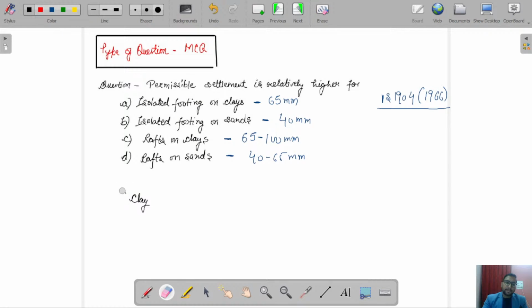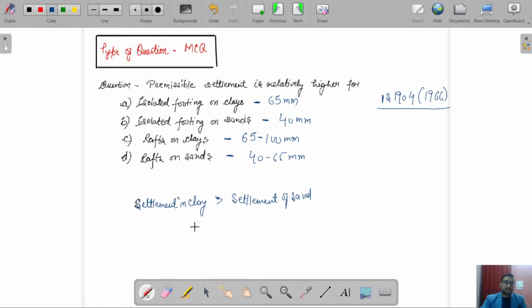Yes, Jay. Can you give me the reason why the settlement of clay is more than the settlement of sand? Settlement in clay will be greater than settlement of sand.